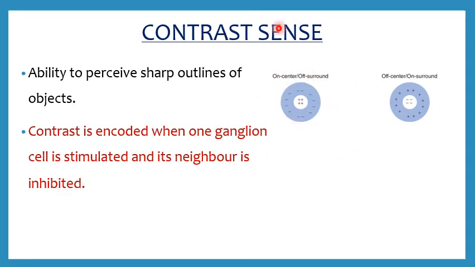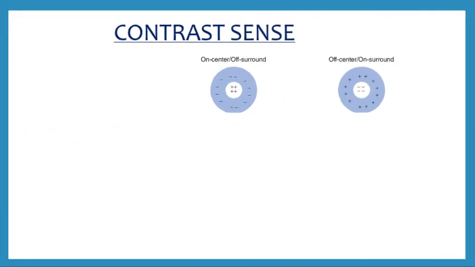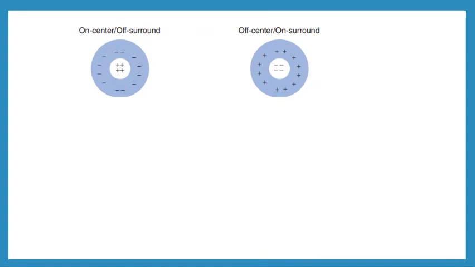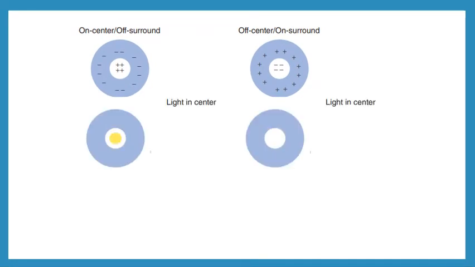This is an example of the receptive field of an on-center ganglion cell, and this is the receptive field of an off-center ganglion cell. Let's see more about it. In an on-center ganglion cell, if light falls onto the center, there is increased activity of the ganglion cell.